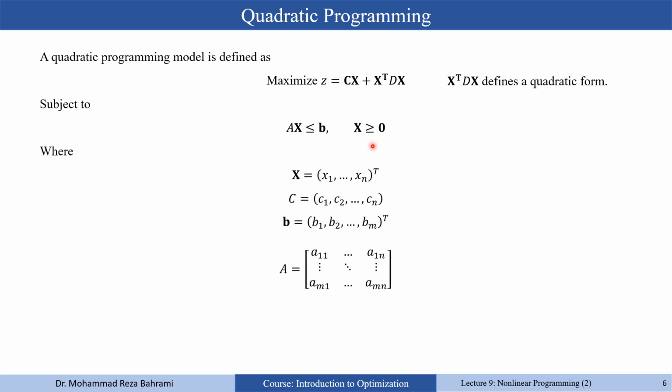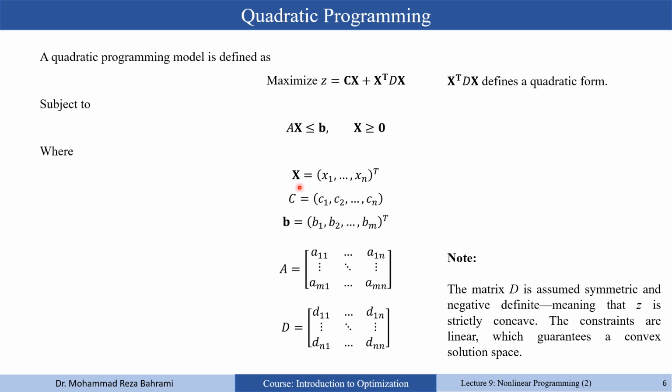Here we have our x. What is x? x is the vector of decision variables. C is the vector of objective coefficients, b is the right-hand side of the constraints, and A is the matrix of constraint coefficients. D is assumed to be symmetric and negative definite.